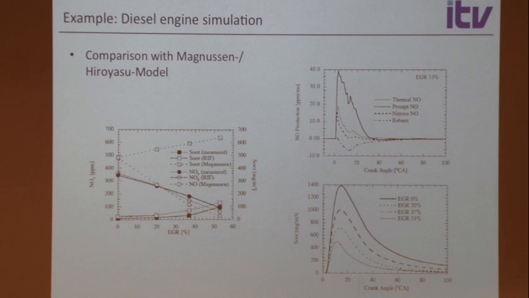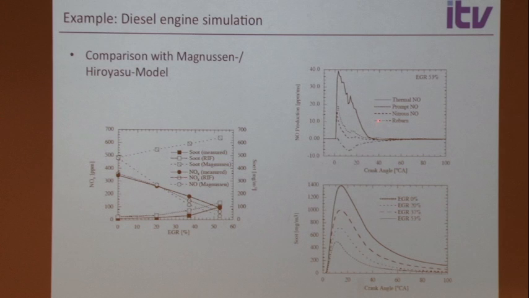Interesting then, if you do detailed chemical kinetics, you can also do a lot of interesting post-processing and evaluate what's going on. Two things that are interesting here. This evaluates the NO production terms for the different NOx formation processes.